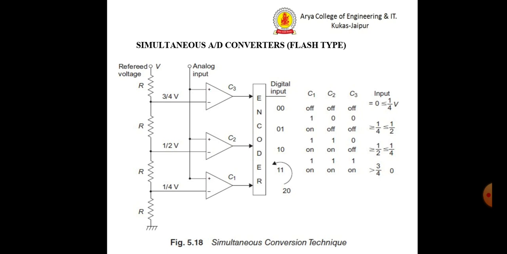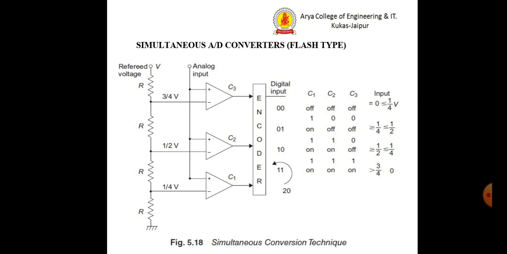The third row talks about if C1 and C2 both are on and C3 is off, the analog voltage will be between half and 3 by 4 V. If all the comparators are on, which is the last row, the analog voltage will be greater than 3 by 4 V. So, there are four output conditions.